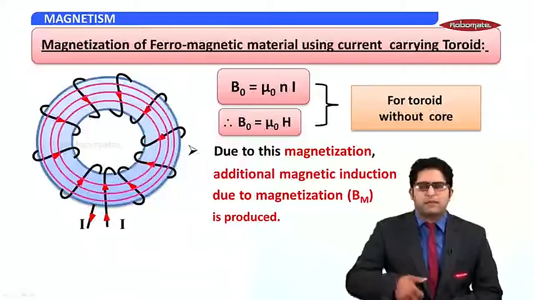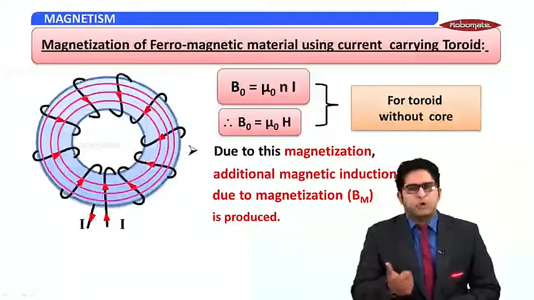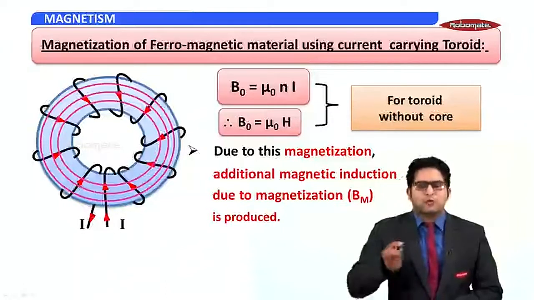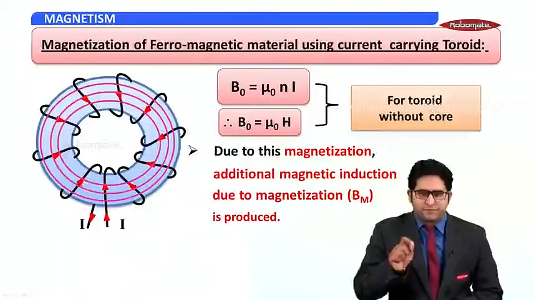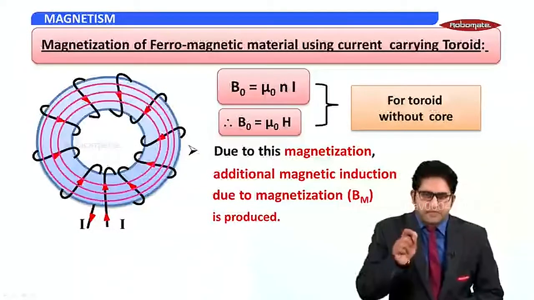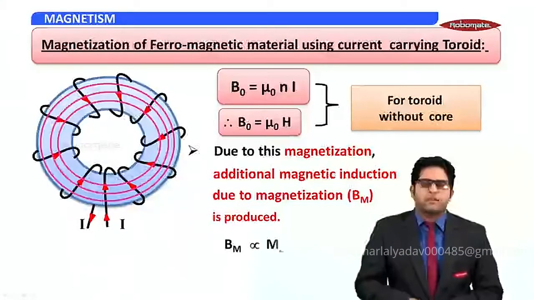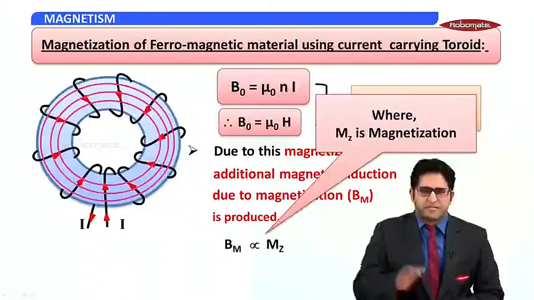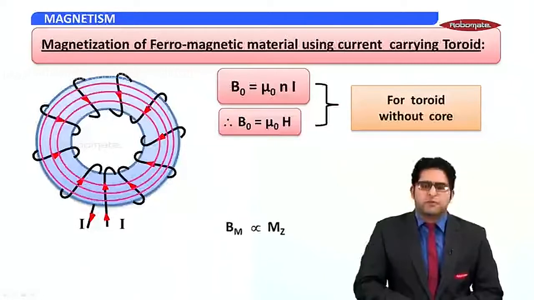So what happened? When a core is inserted, due to the field of the toroid, it gets magnetized, and due to this magnetization, an additional magnetic induction is generated, and this additional magnetic induction Bm depends upon the magnetization, where magnetization is given by the symbol Mz. Now this last formula is important, we'll carry it further.